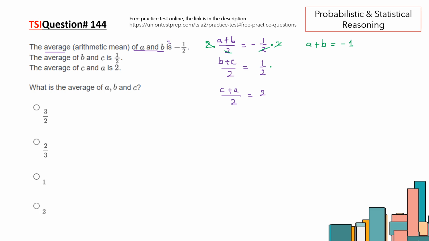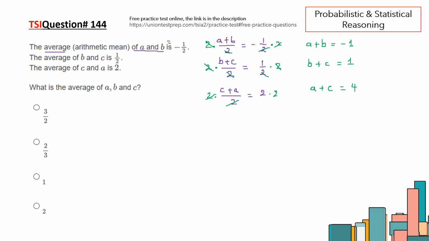Do the same with the second equation: B plus C equals 1. Now A plus C, I multiply both sides by 2, and I have A plus C, or C plus A, which is the same, equals 4.